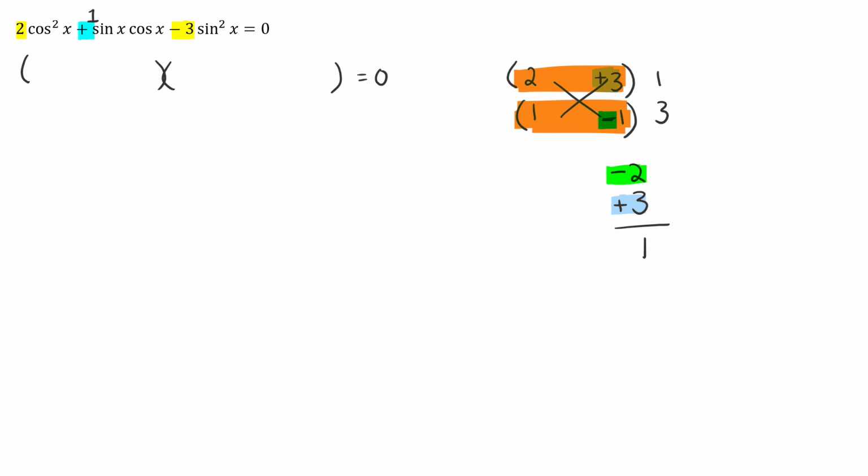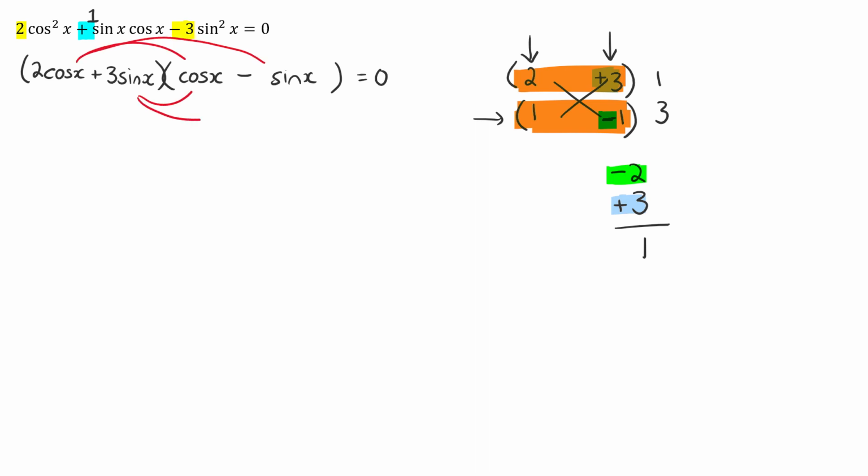And so we would have 2, and we would write it with the cos x, and then it will be plus 3, and we would write that with the sine x. And then obviously for the second bracket it would be 1, which we don't need to write, so it would become cos x minus sine x. And if you went and multiplied that bracket out by foiling it, and you can do that in your own time, you would actually see how we get this expression above.